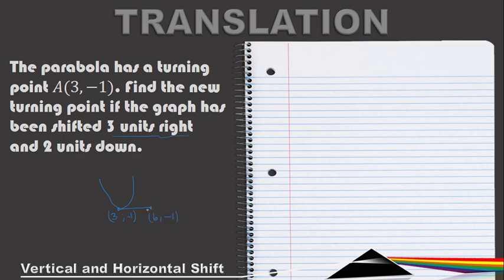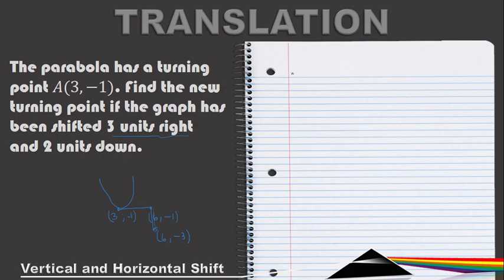And then on this point, 2 units down. So now we go down 2 units. So this means our y value is now from minus 1 going down a further 2 units. So this is going to be 6 and minus 3. So that's one way to just look at it graphically.